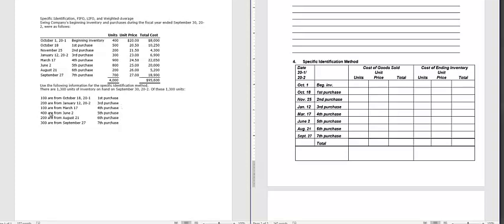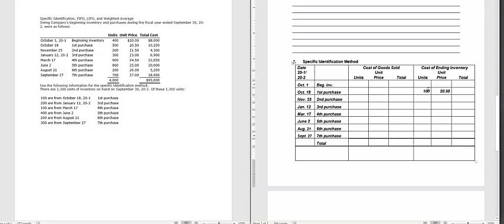Okay, it's telling us here that the 1,300 units that we still have are from, or 100 are from the first purchase. So we'll go to the first purchase. Cost of ending inventory. We had 100 of them, and first purchase units cost $20.50.